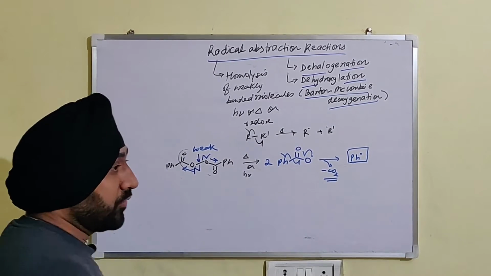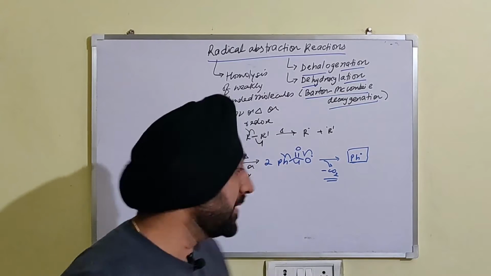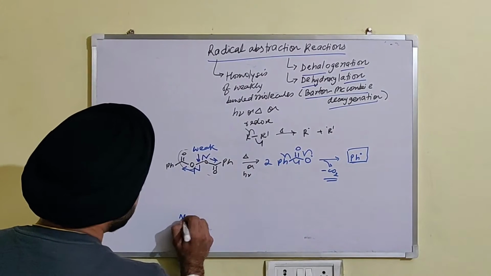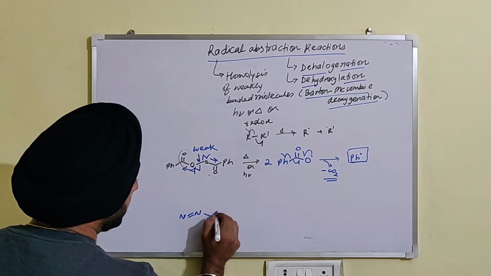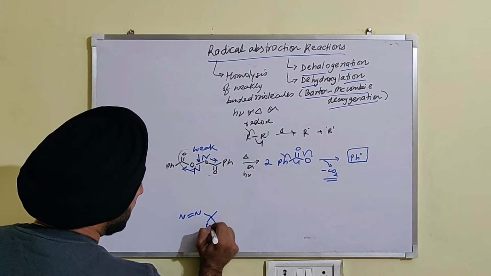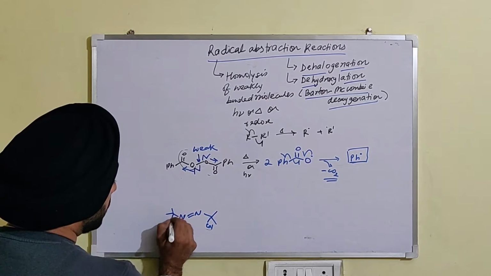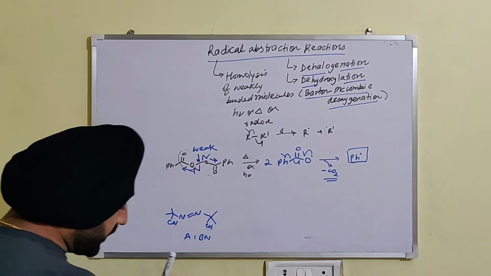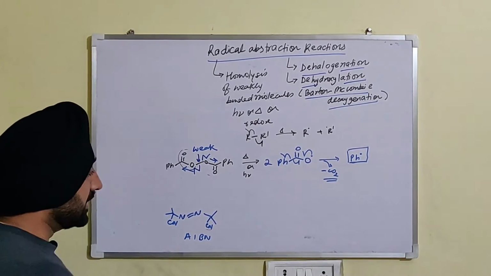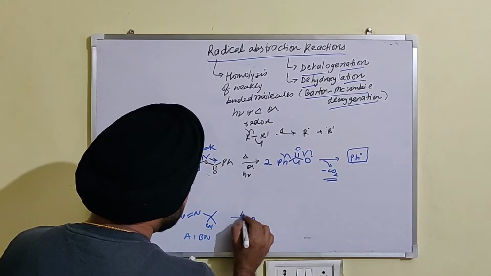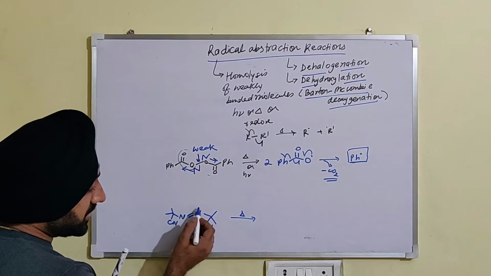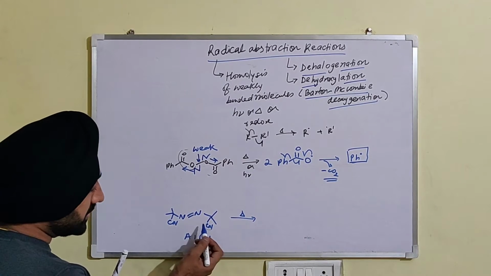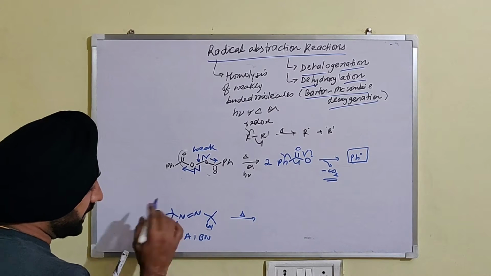Apart from that, we also know AIBN, which is nothing but this molecule, azobisisobutyronitrile. Again, when this is heated, the reaction eliminates N2.